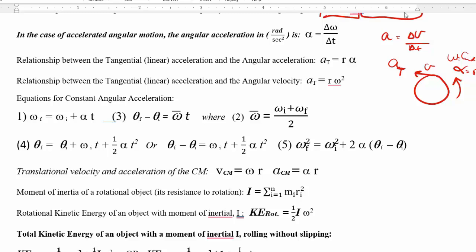Of course, it will be the other way around if omega is in the clockwise direction, because clockwise direction is considered negative. Keep in mind here in rotational motion, counterclockwise is positive. This is counterclockwise motion. This is considered positive. While clockwise rotation, this is clockwise rotation, is negative.